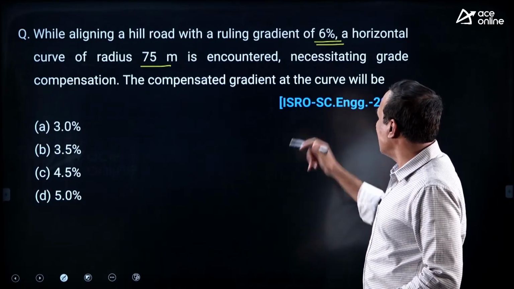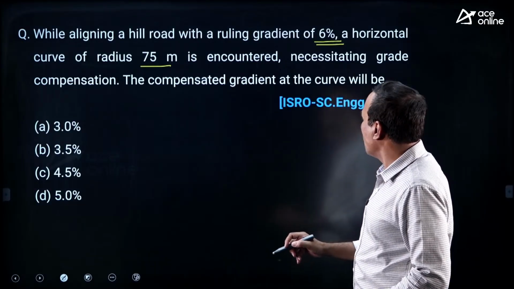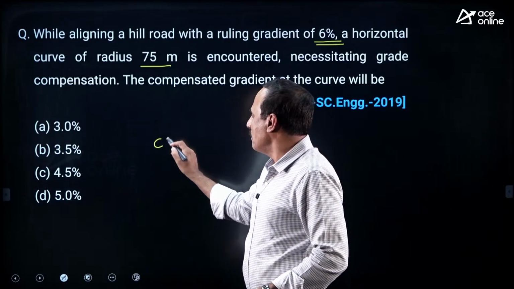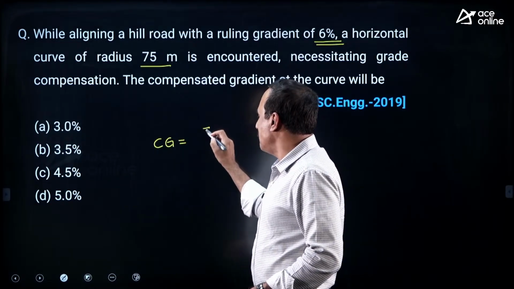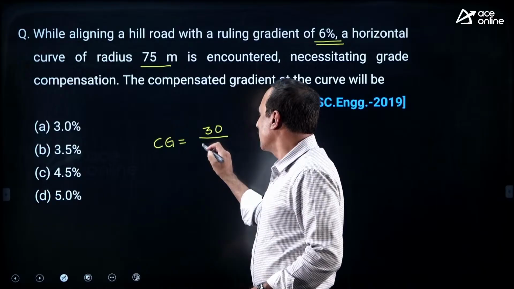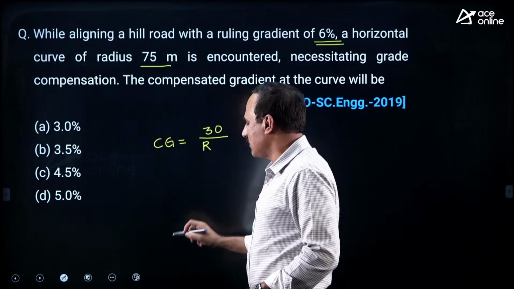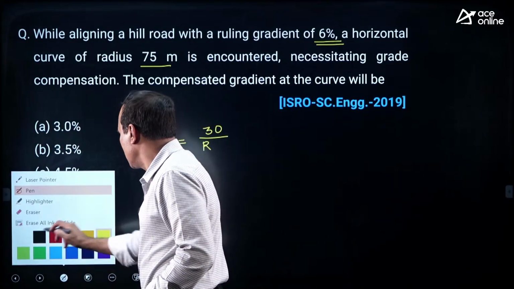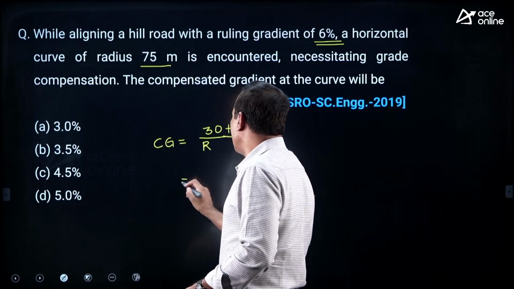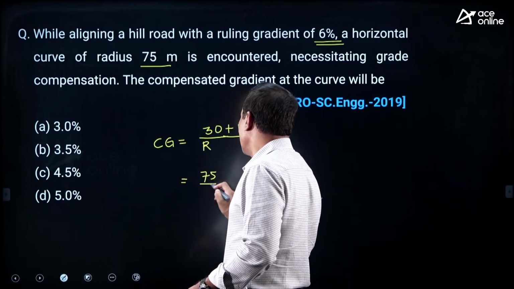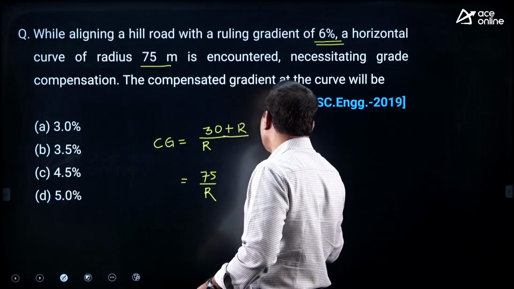The compensated gradient at the curve will be... Actually, compensated gradient is given by a formula, (30 plus R) by R, otherwise 75 by R, whichever is less.